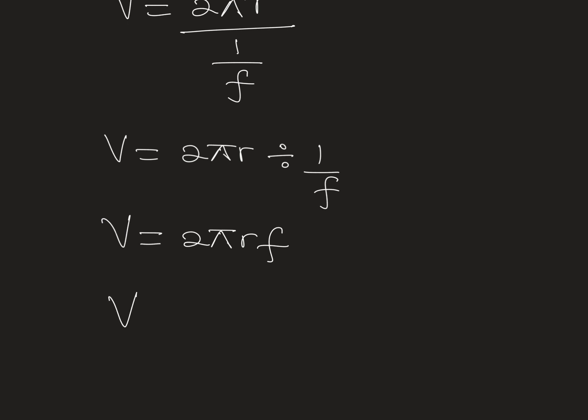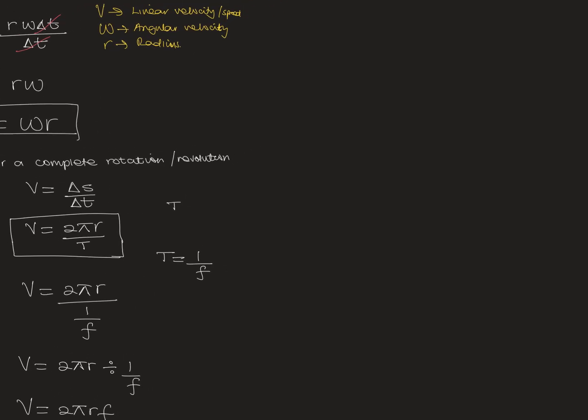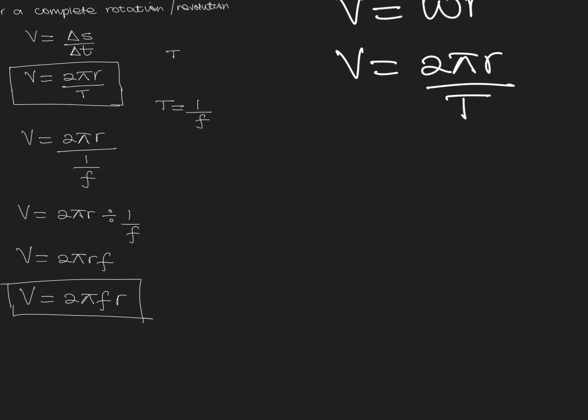Okay, or if you like, you can say 2 pi f r. So this is the formula for the linear velocity. So to summarize, we said that V is equal to omega r. We said that V is equal to 2 pi r divided by T. We said that V is equal to 2 pi f r.